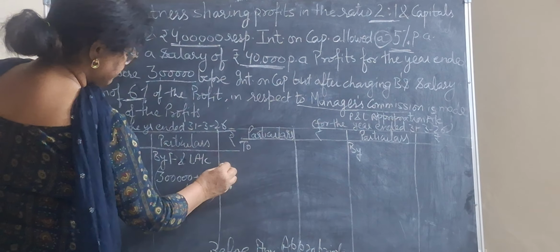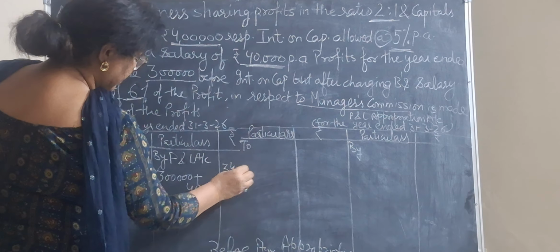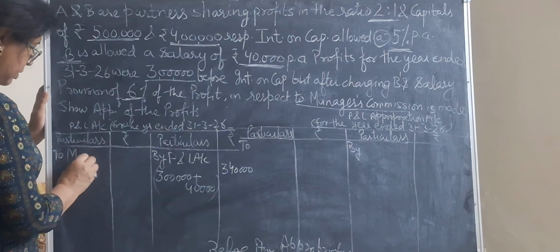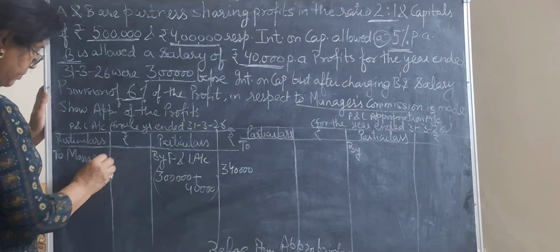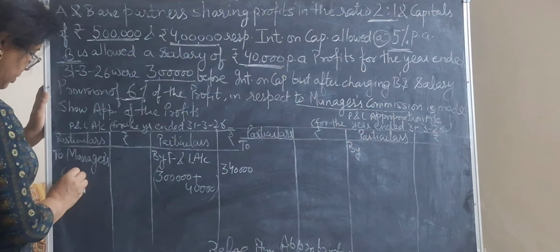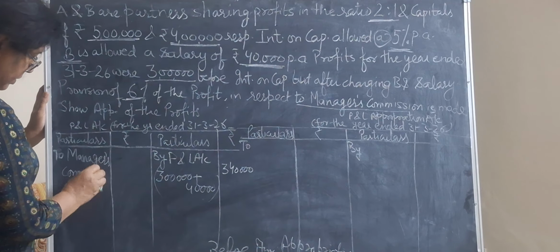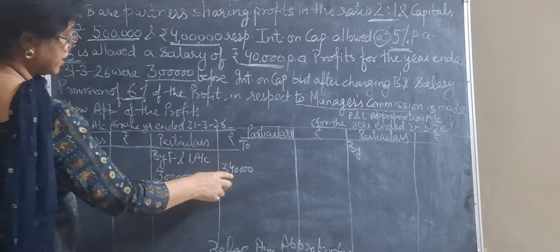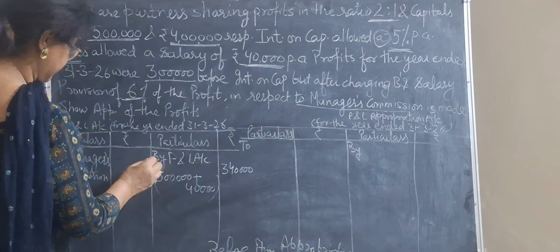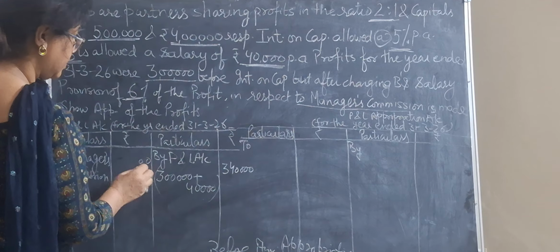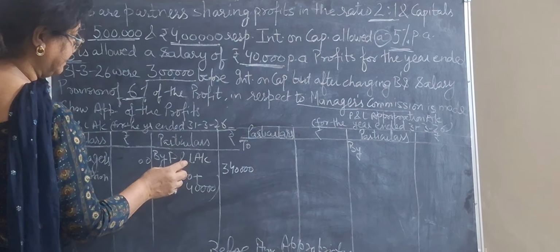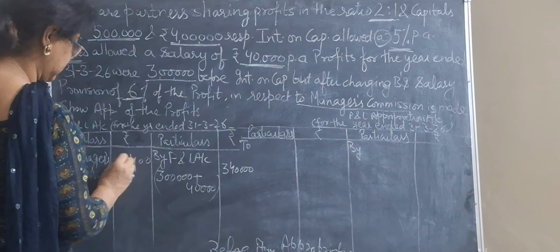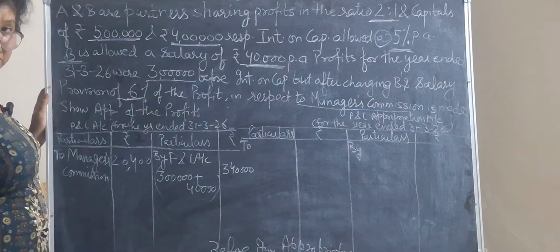So this profit comes out to be 3,40,000. Now the manager's commission is given as 6%. 6% of 3,40,000 comes out to be 20,400.